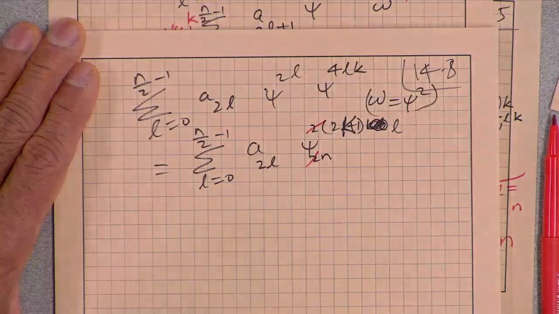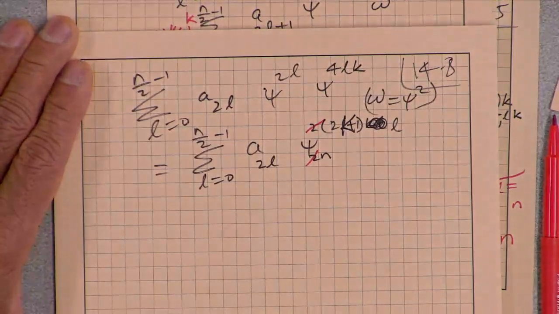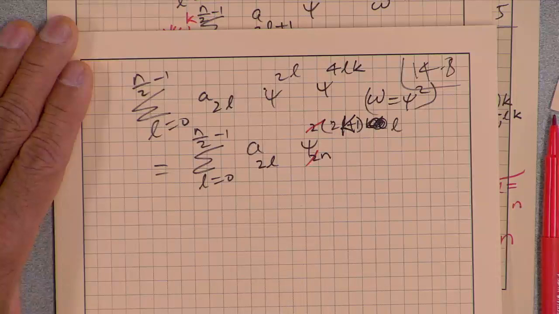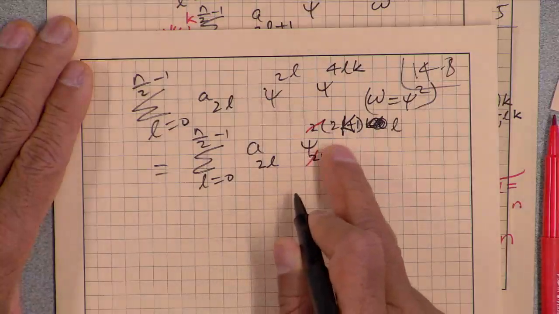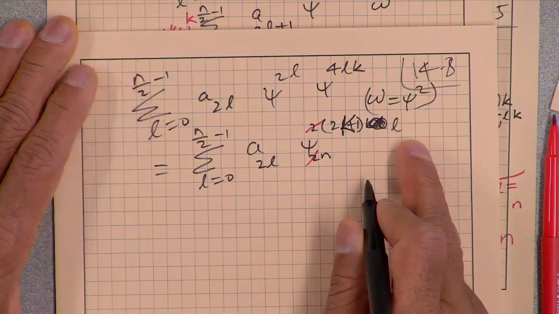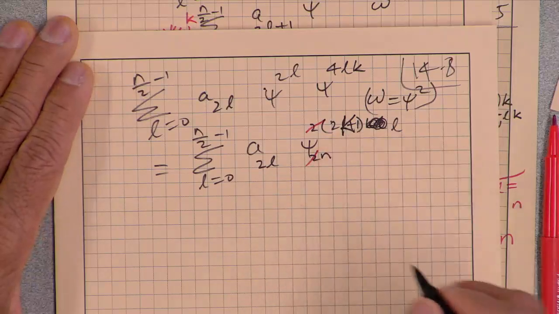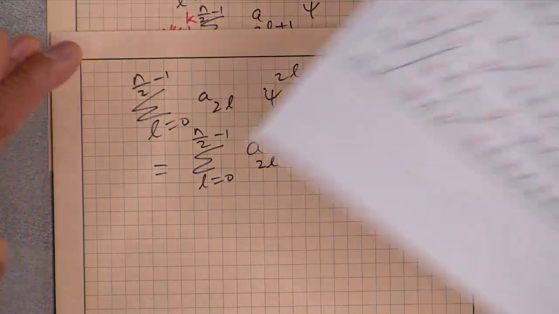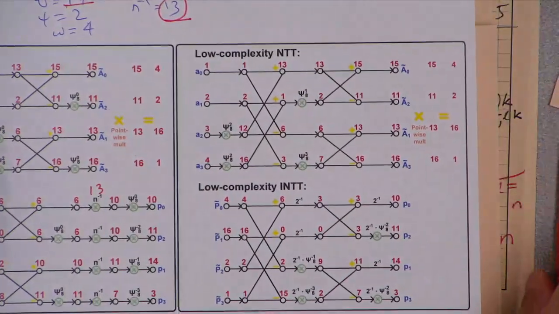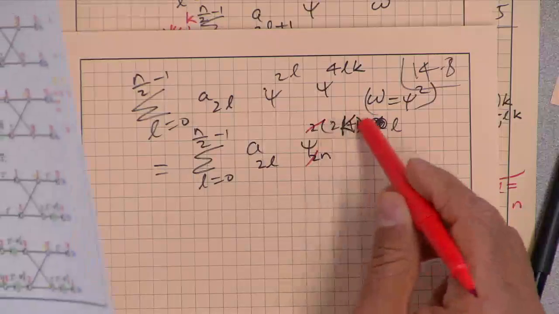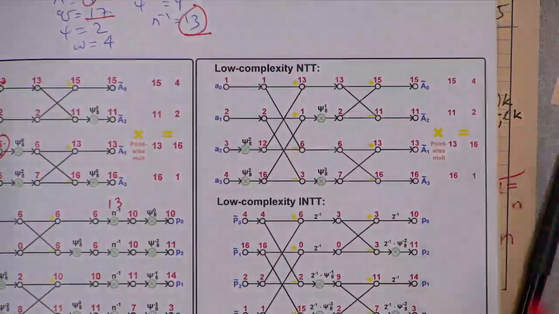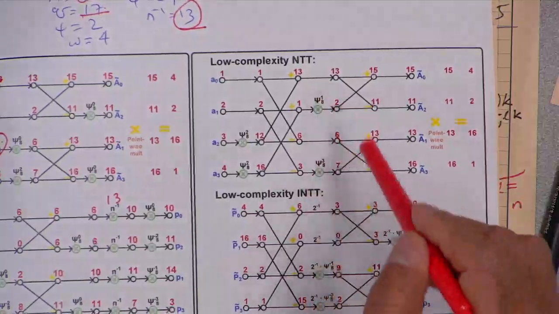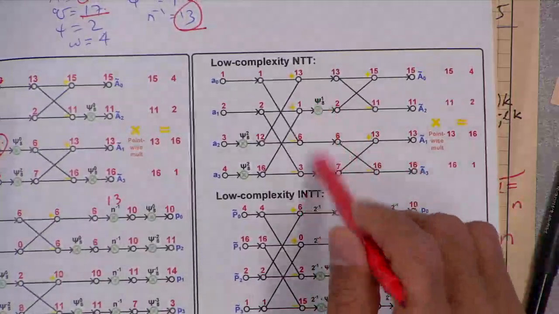Okay, so that's the twiddle. And so instead of having omega to the power KL, that new twiddle is going to be 2K plus 1 times L. And so these 2K plus 1 will be odd numbers. And that's why if you look at these twiddles here, these are to the power 1, to the power 3, these are odd numbers.